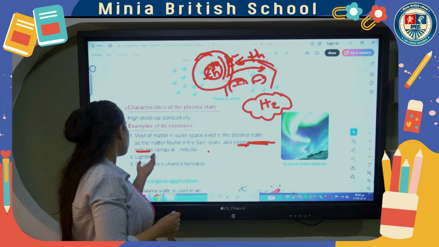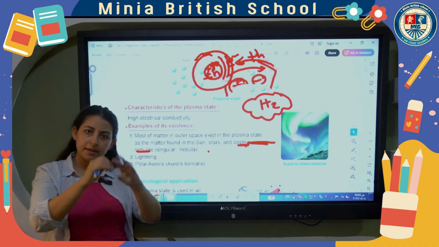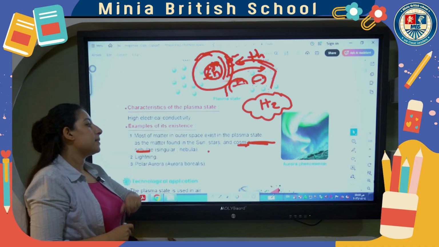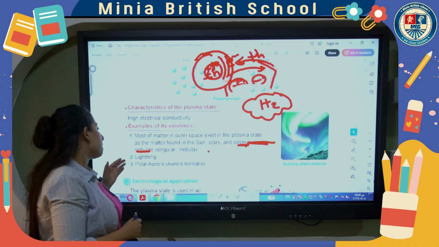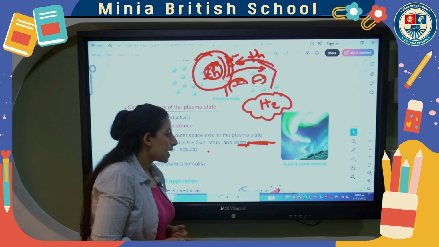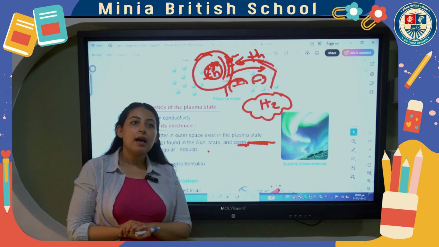Okay. Also, we can see plasma state in lightning. You know the lightning? Okay. We can also see plasma state in the polar aurora. The polar aurora is a phenomenon that appears at the two poles, the North Pole and the South Pole.